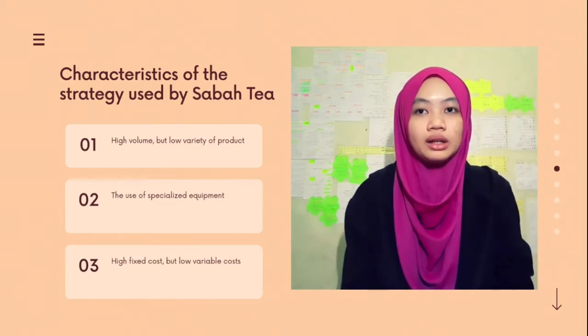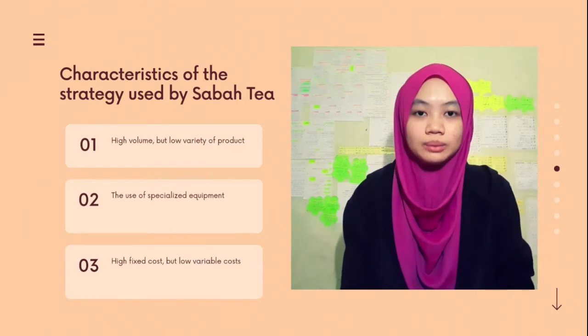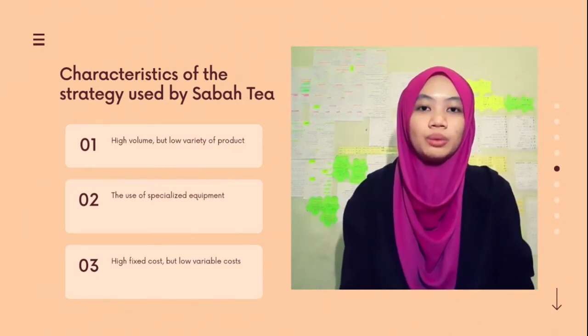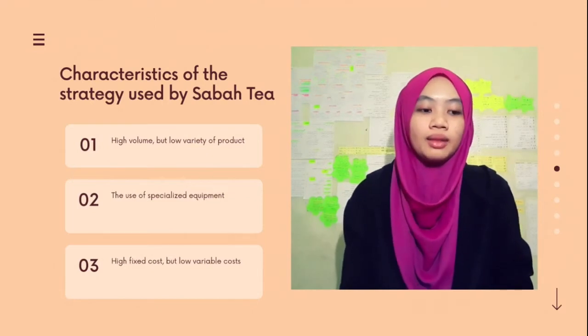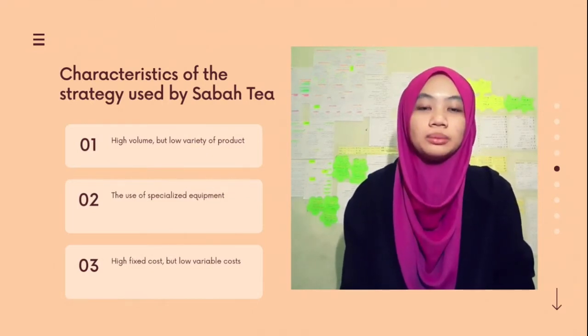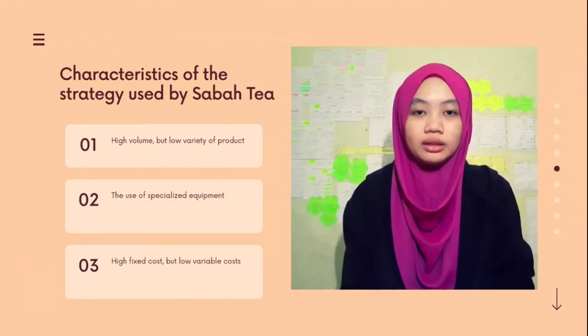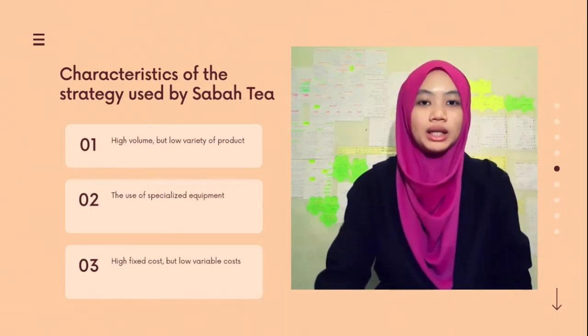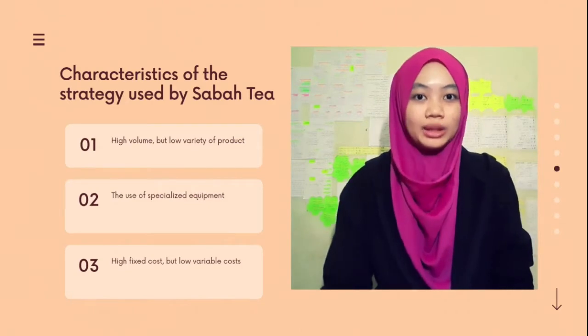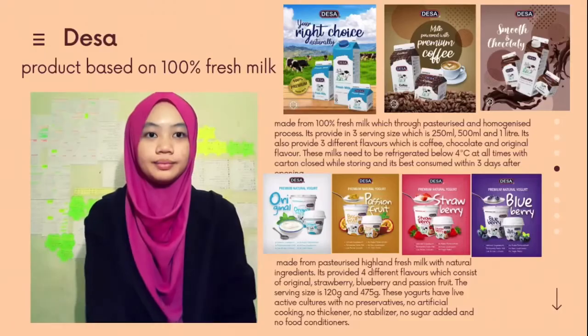Fixed cost refers to the machines used by the factory to make sure their production can run, and variable cost is low because the only main ingredient to produce their product is tea leaves.